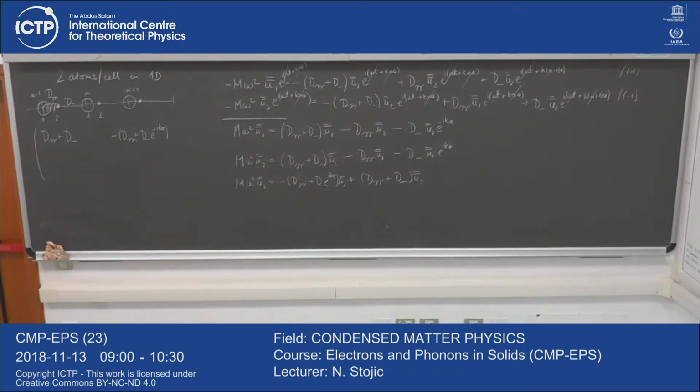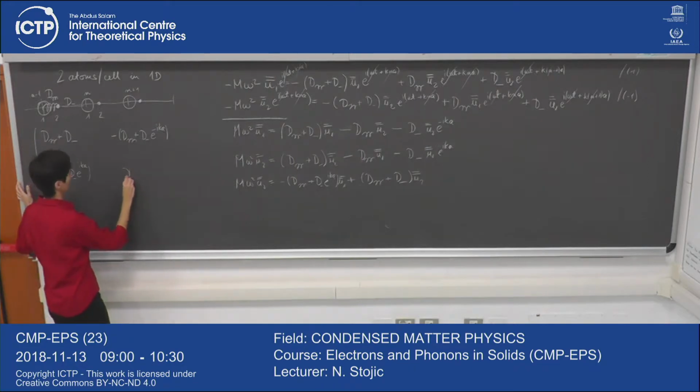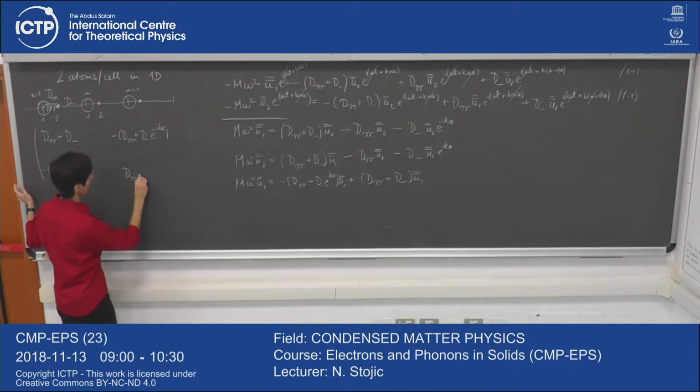Here is minus the strong plus the weak e to the ikA, and then the strong plus the weak.